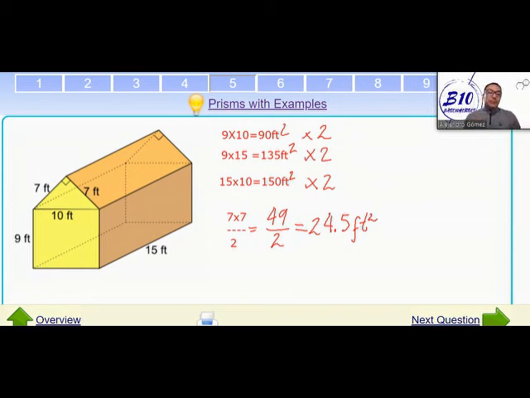Now we have to multiply by 2 once again, because this area of this triangle is just congruent to the area there in the back of the triangle. What are we missing? We are not going to calculate this rectangular base again, because we have already done it here on this step for the rectangular prism.